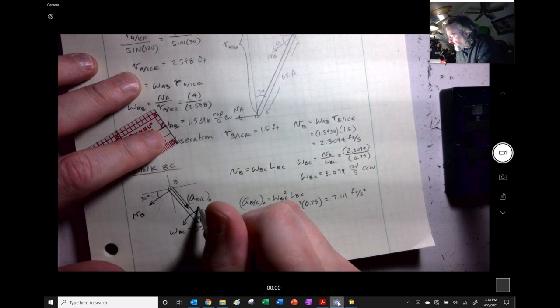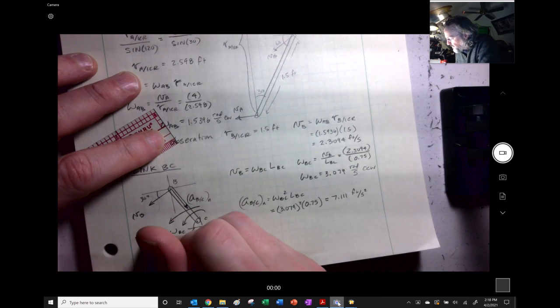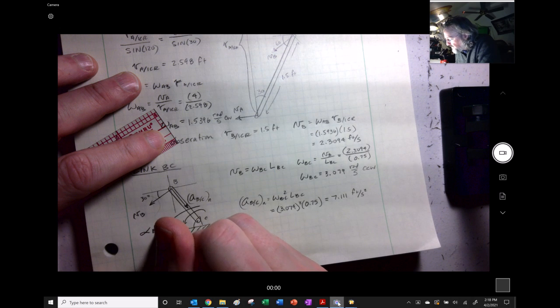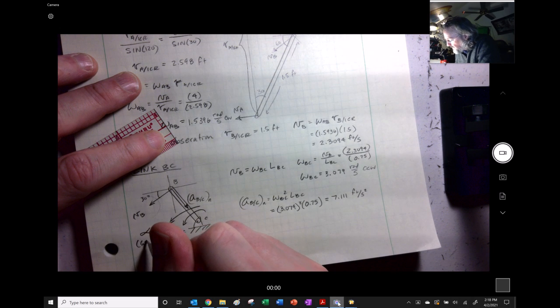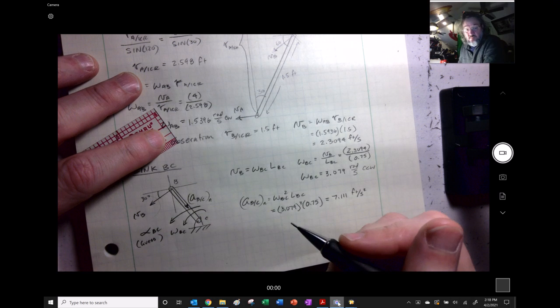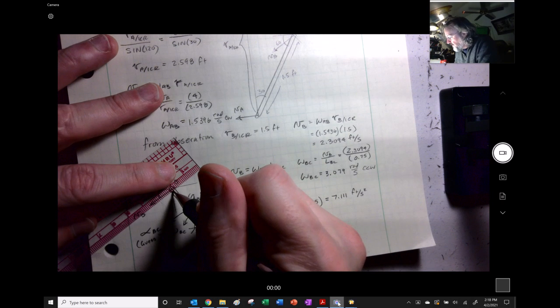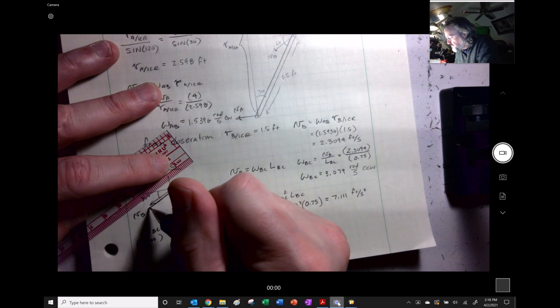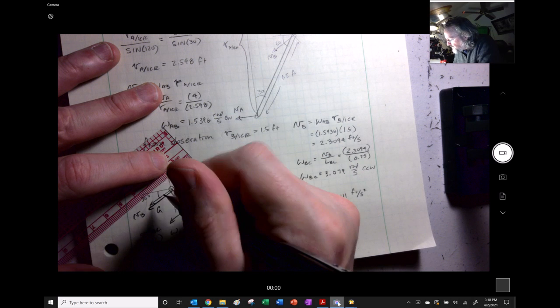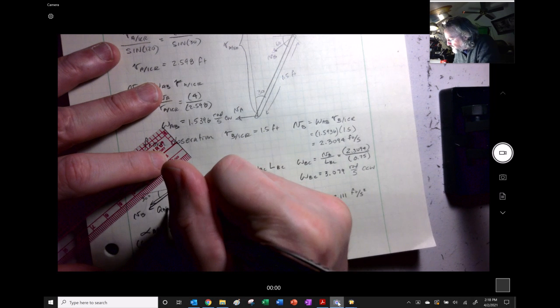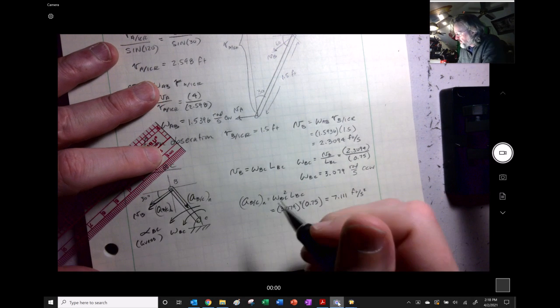And I'm going to go ahead and go alpha BC. I'm going to guess the direction. And so I also have acceleration of B with respect to C in the tangential direction.